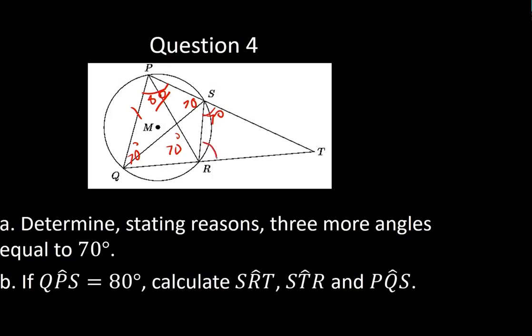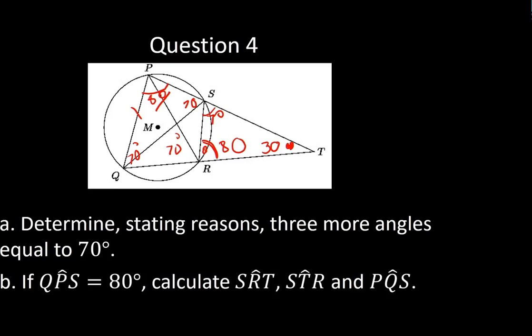SRT, well, that's simple enough because the exterior angle is equal to the interior opposite, so therefore SRT is going to be equal to 80 degrees. Calculate STR. STR is an angle within triangle SRT, so therefore it's simply going to be 180 minus 70 plus 80. So 180 minus 150, so that means this angle here is going to be 30 degrees.